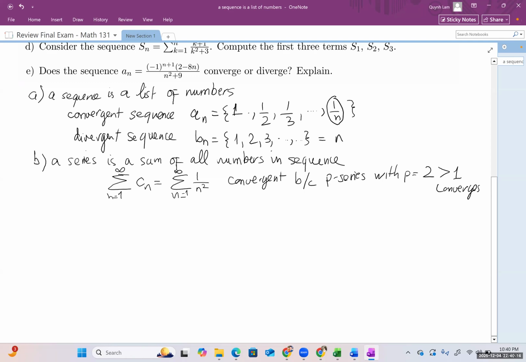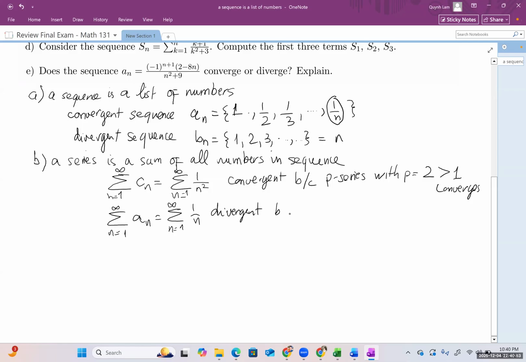And for the divergent one, I will use a_n from 1 to infinity. Remember, a_n right now is 1 over n. For a sequence, it was a convergent sequence, right? But for a series, this will be divergent.